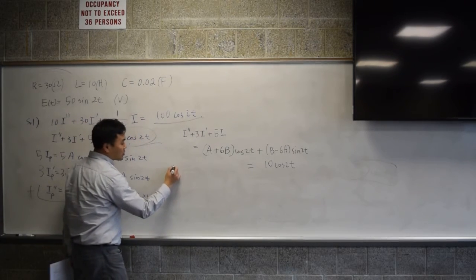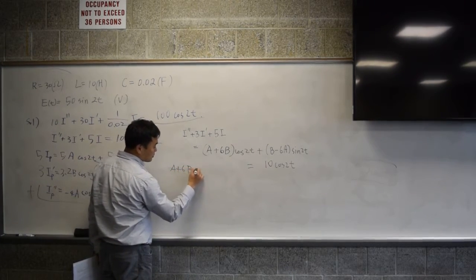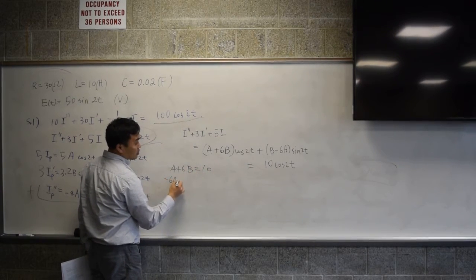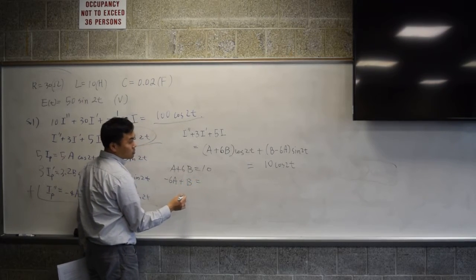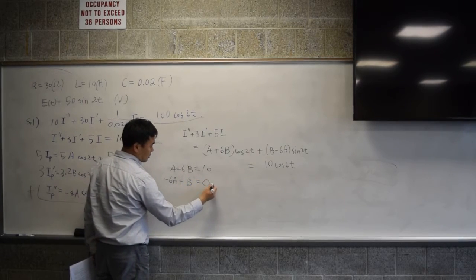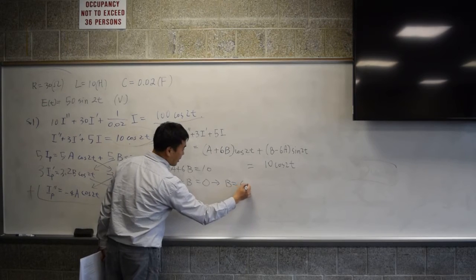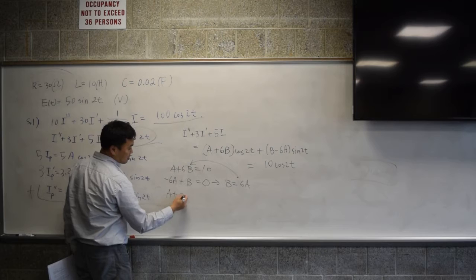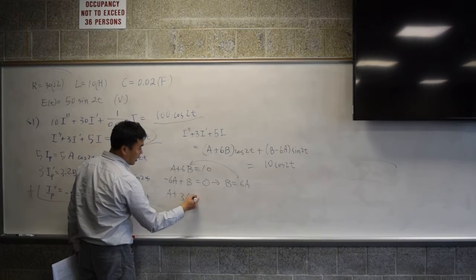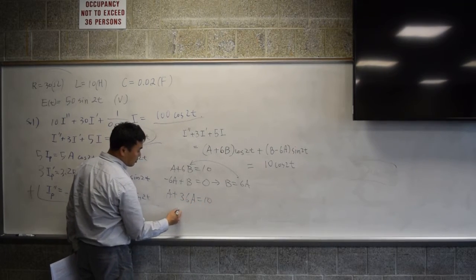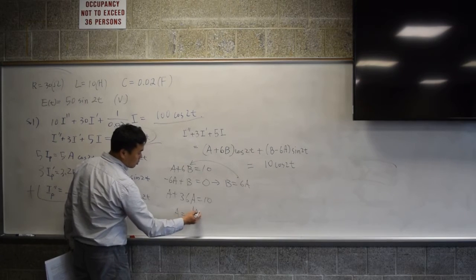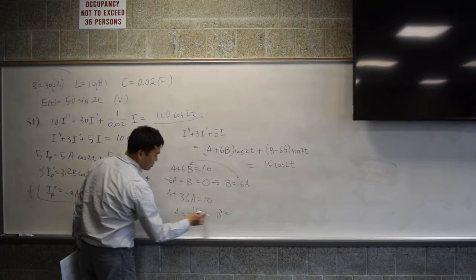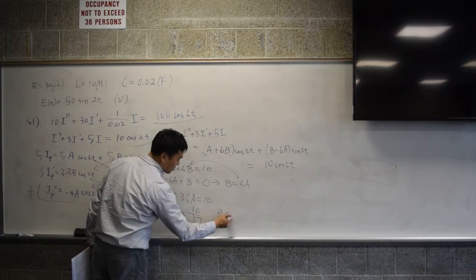So that means a plus 6b must equal to 10. And negative 6a plus b must equal to 0. So that means b is equal to 6a. Plug that in here. You get a plus 6 times 6 is 36a equal to 10. So a must be 10 over 37. And b must be 6 times this one, so it's 60 over 37.